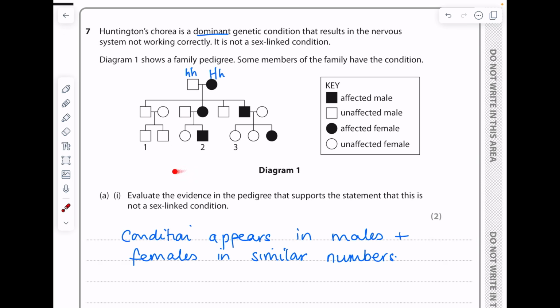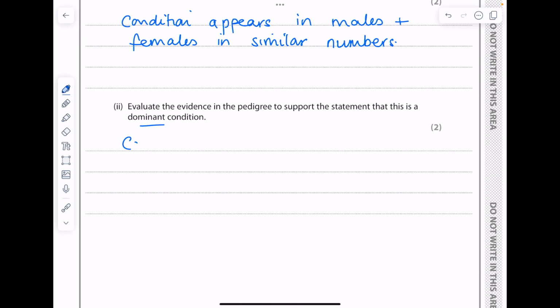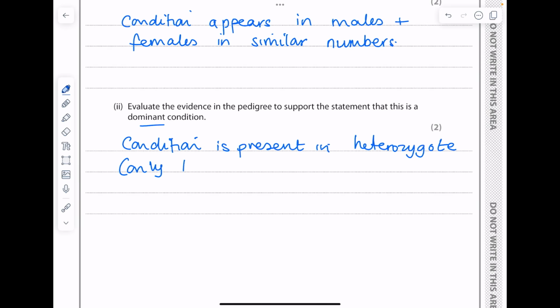So we can see that the disease is present in heterozygotes, because she is a heterozygote, and that only one allele is needed for a person to be affected by this awful disease. So we write here that the condition is present in the heterozygote. So only one allele is needed.